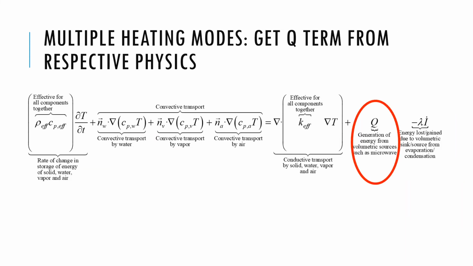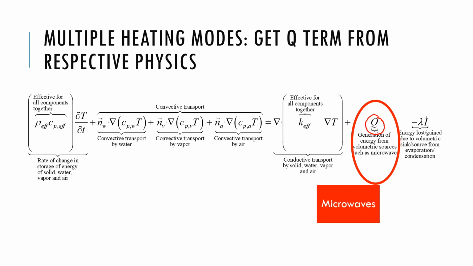So before we finish up the heat equation, just a few comments relating it to other types of physics and therefore other modules. So the Q term in the heat transport equation is the heat source term, and heat source simply means conversion from other types of energy into thermal energy.